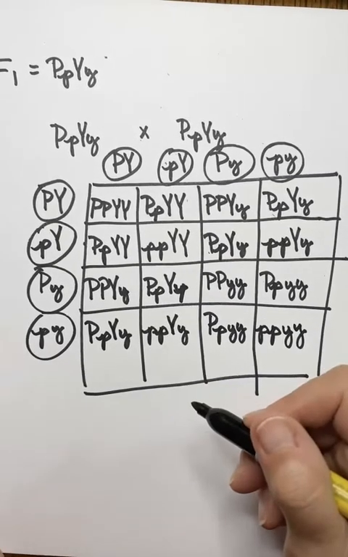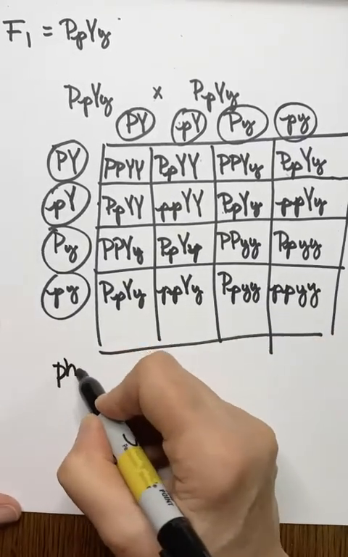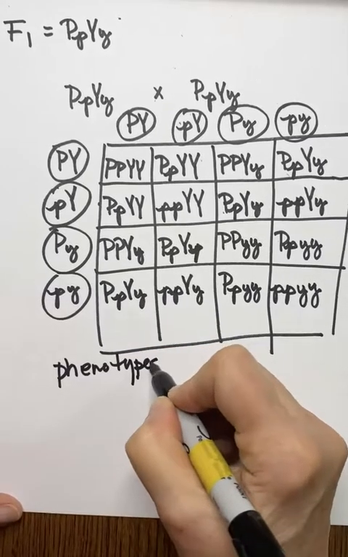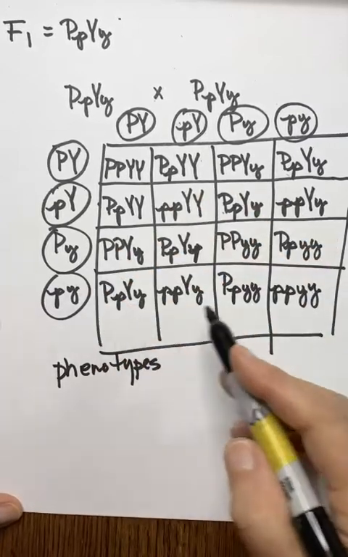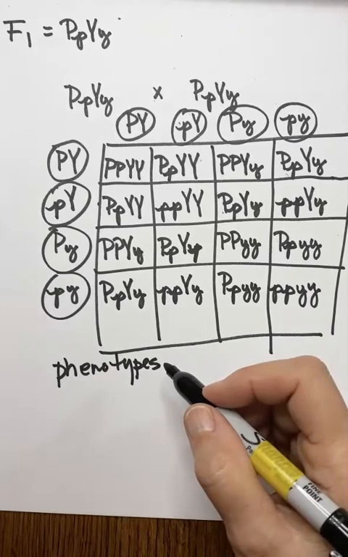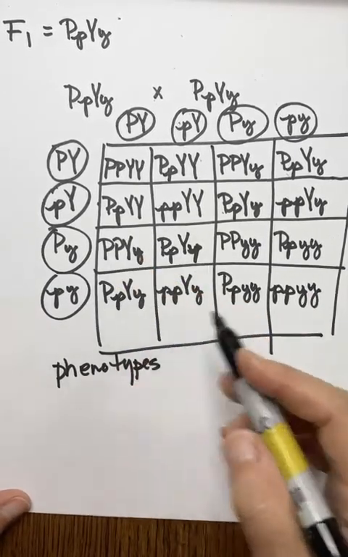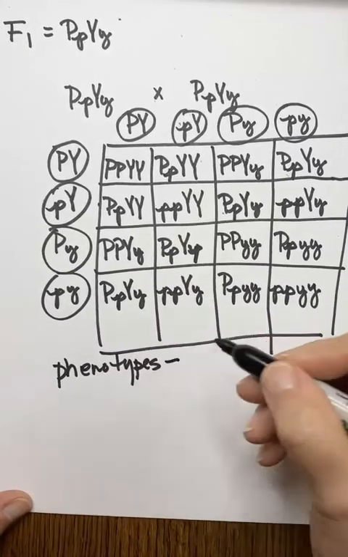So hopefully I didn't. Okay, so now let's look at the phenotypes of the offspring. All right, we got all these different offspring that can have all these different genotypes. There's 16 different variations that we put in here. Now let's look at the phenotypes, okay?